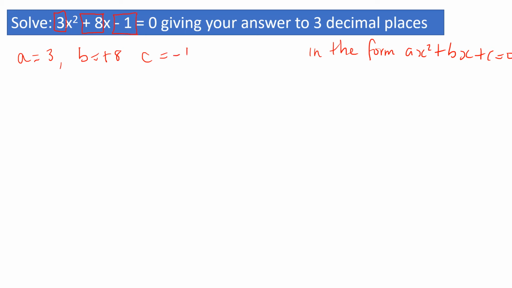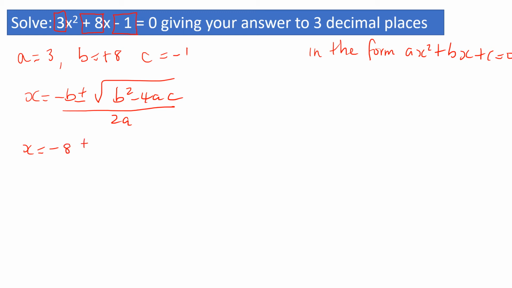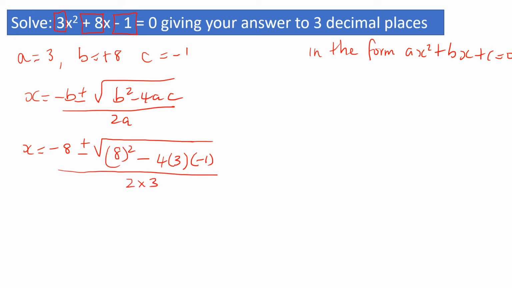Let's write down the formula. X is equal to minus b plus or minus the square root of 8 squared minus 4 by 3 by a negative 1, all over 2 times 3.